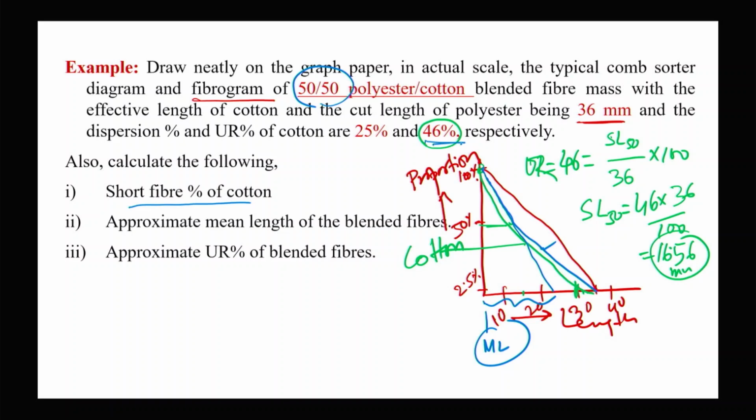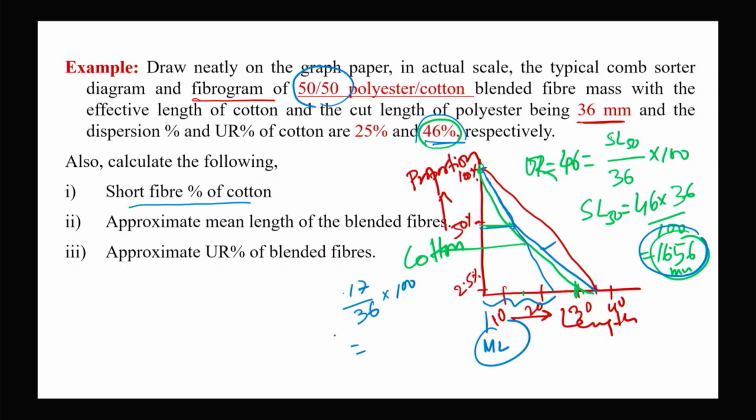So this was the cotton; the approximate blend uniformity ratio will be a little bit higher. Earlier it was 16.5, so it will be say 17 by say 36 into 100. So typically around 17.